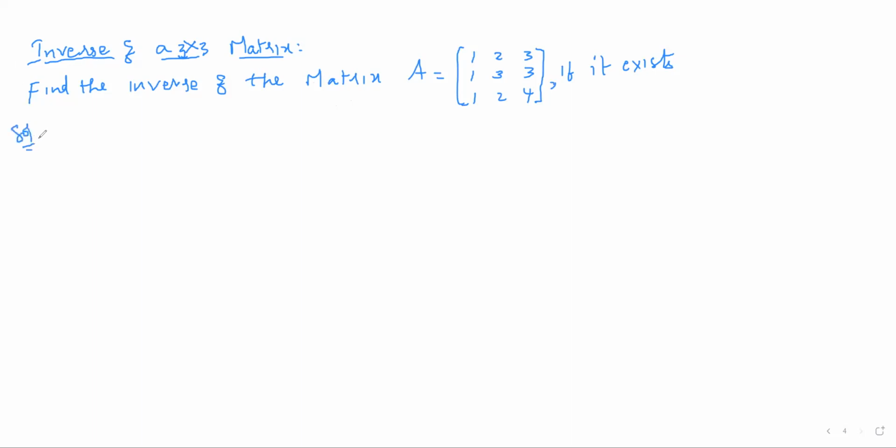Given matrix, first write down the data. Given matrix capital A is equal to 1 2 3, 1 3 3 and 1 2 4.